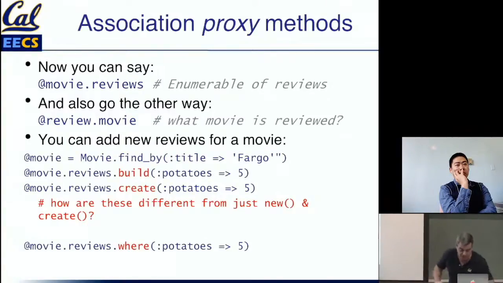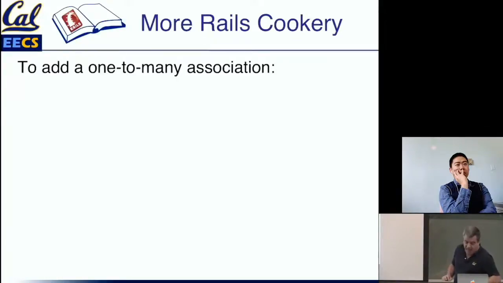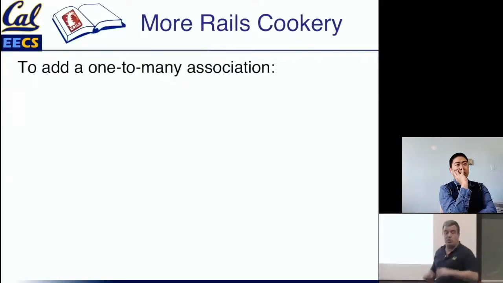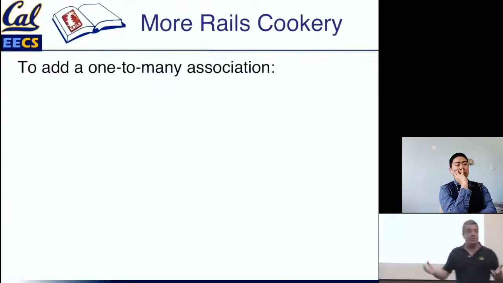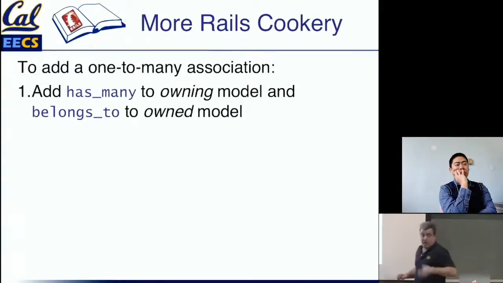Okay, so kind of where are we in terms of associations? So to add a one-to-many association, right? So what's one-to-many? That's like movie has many reviews. There's one owning object, and there is a variety of owned objects. So in the owning model, in our case the movie model, you put has many whatevers into the active record model file, into the definition.